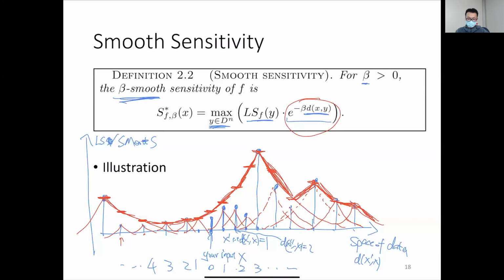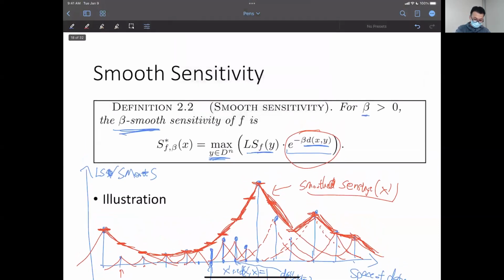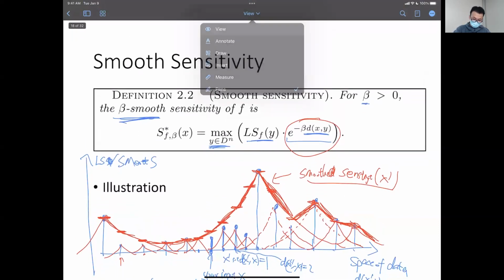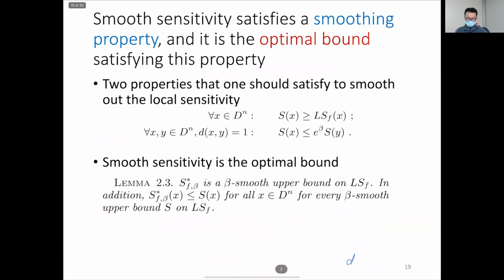So this thickened red curve is the smooth sensitivity of this input data set X prime. Okay, so let me modify the color. Yeah, I hope this illustration is helpful.